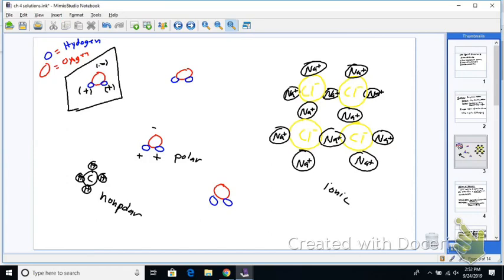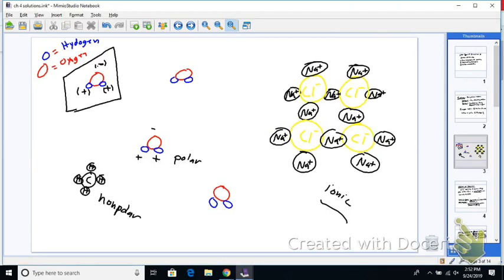So that's kind of how we get into polar molecule. Will just be covalently hooked together. This is over here. This is ionic, and the ratio is 1 to 1. So this is NaCl. All right. So this over here is NaCl. And so that's ionic. Okay.